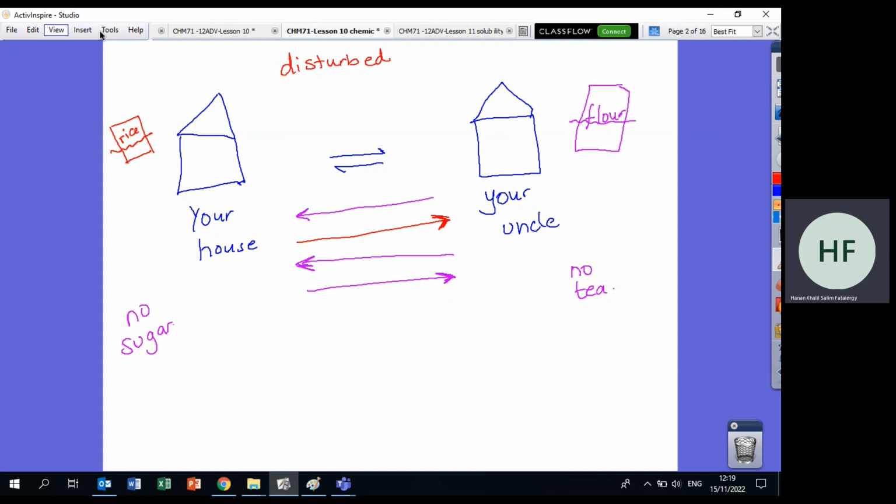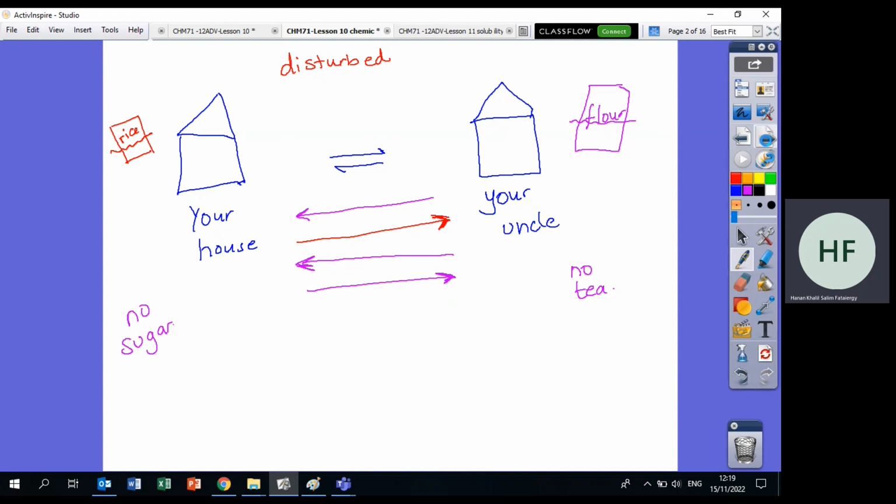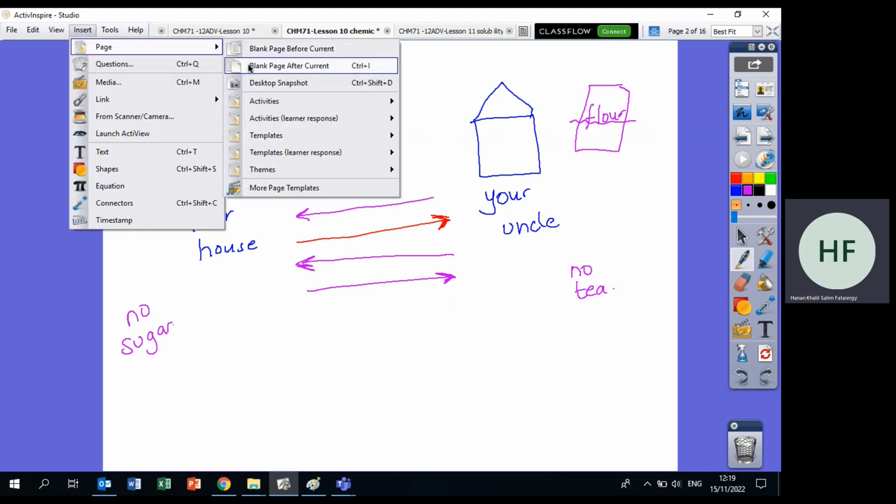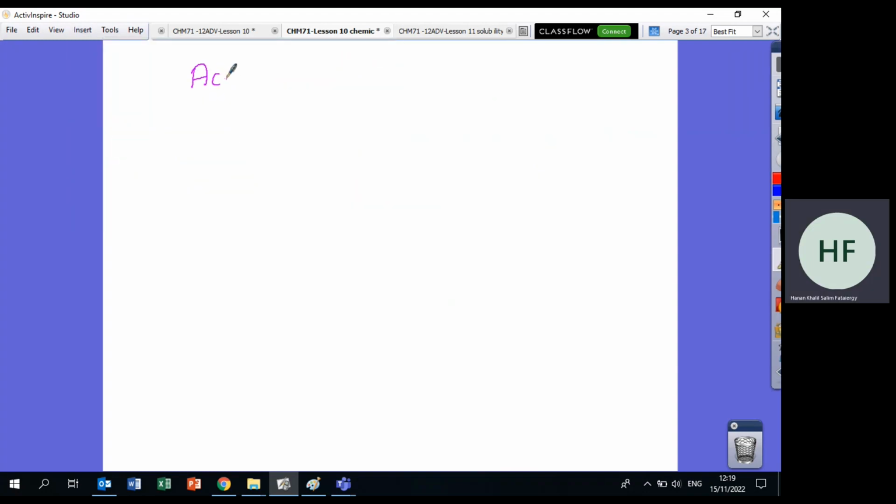Now, let's speak about it in terms of chemistry. If we say you have this reaction, okay, let me insert a page. If we have this reaction, we have A gas plus B gas. This is in equilibrium with C gas and D gas. Now pay attention. This is your house and this is your uncle's house.